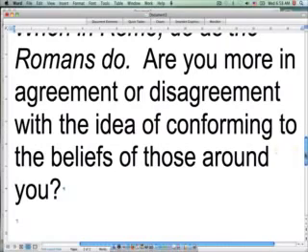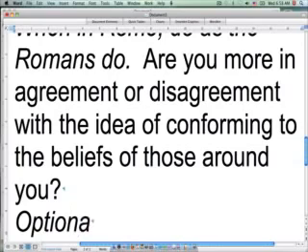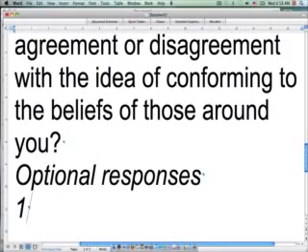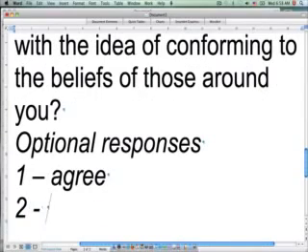Now, if we look at the question itself, there are sort of 4 optional responses that we can write. The first optional response is to agree with this question. The second optional response is to disagree with this question.